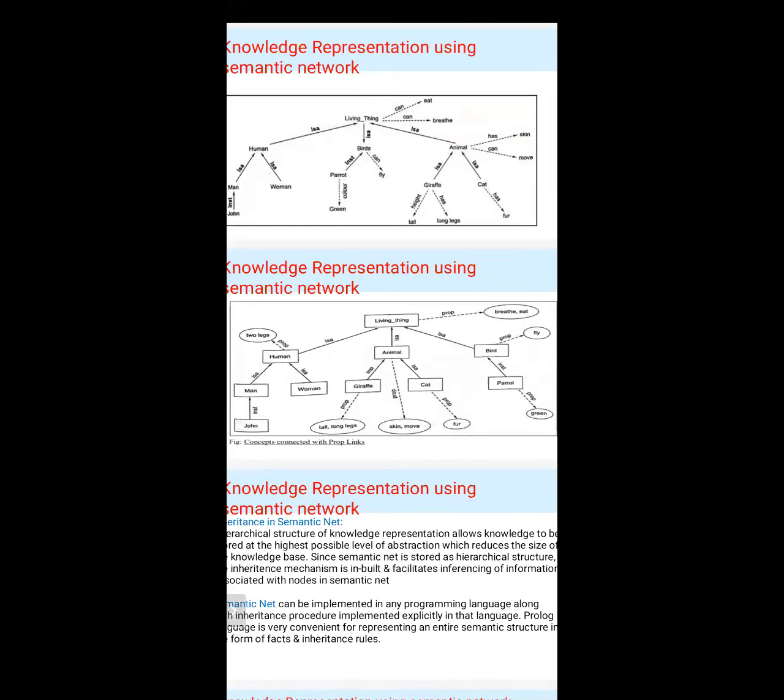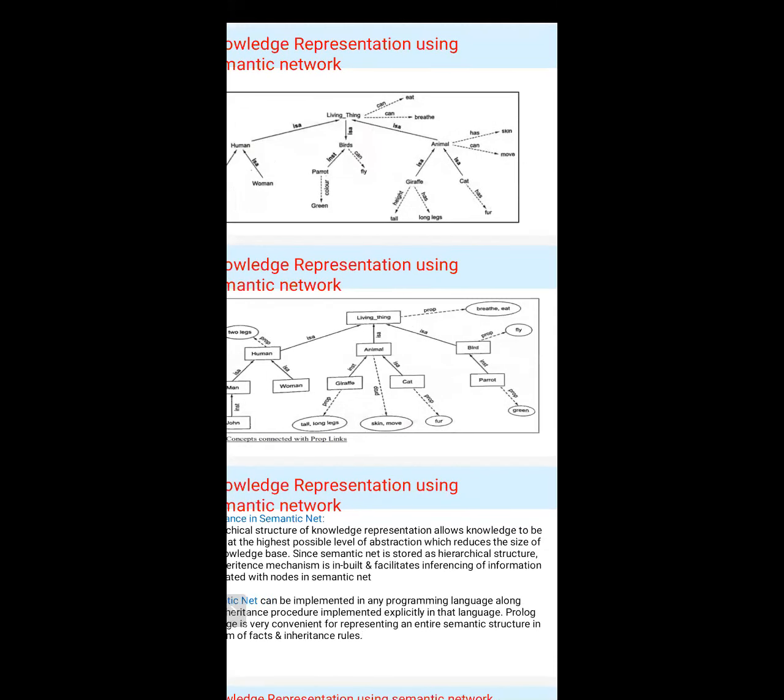Properties of giraffe: it is tall and it has long legs. Properties of animal: it has skin and it can move. Property of cat is it has fur. Property of bird is it can fly. Next parrot: the color of parrot is green and parrot is an instance of bird.